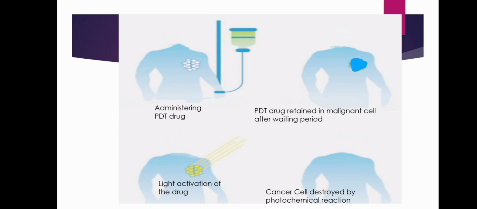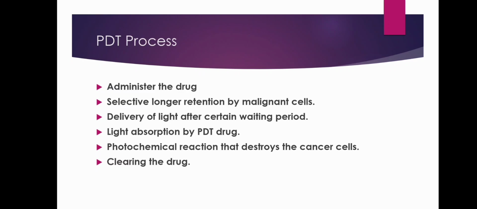So the PDT process can be summarized as: the first step is administering the drug. That can be done either through the circulatory system, that is intravenously by injection, or over the skin, that is topically, in the case of skin cancers. And after applying the drug, we'll wait for a certain period of time so that it will be retained only in the tumor cells.